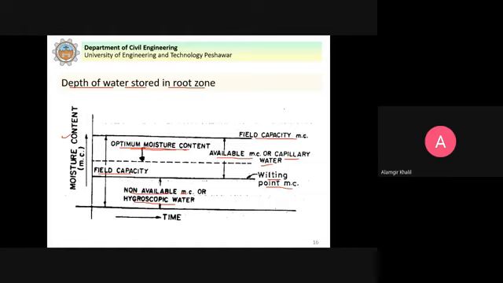We do not have to allow it to fall down to the wilting point, because it will then affect the crop yield. So the limit to which the soil moisture or the water content is allowed to deplete, and still not affect the crop yield, is known as the optimum moisture content.